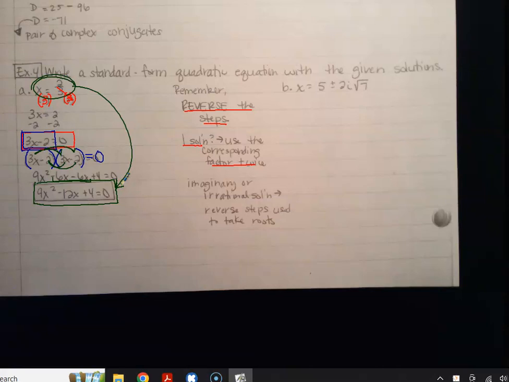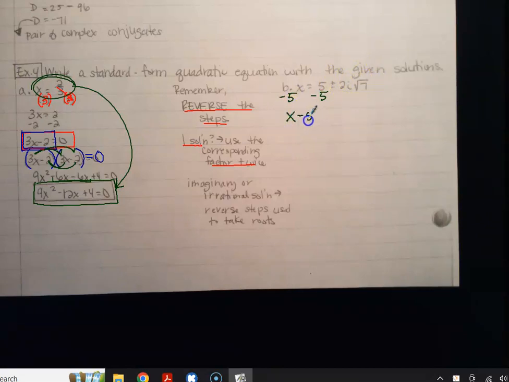So let's try that now with this one, a complex number, right? Because it says imaginary or rational, that would be a complex conjugate, and let's work it backwards. First thing we need to do is we've got the 5 over here by itself. We're going to subtract the 5 so we can get rid of our imaginary number.